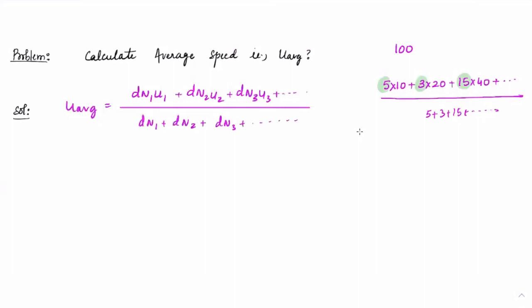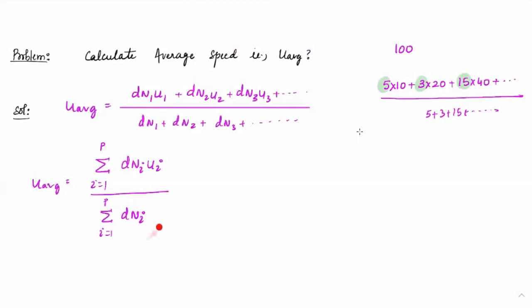This should be the average speed. I can write this as a summation of i equal to 1 to p, where p is the total number of parts like this, of dni into ui, divided by the summation of i equal to 1 to p of dni.